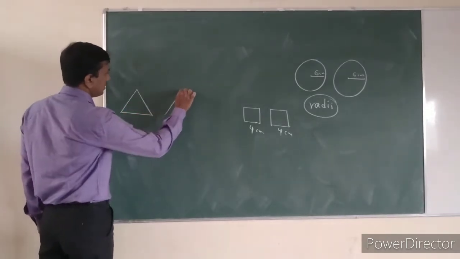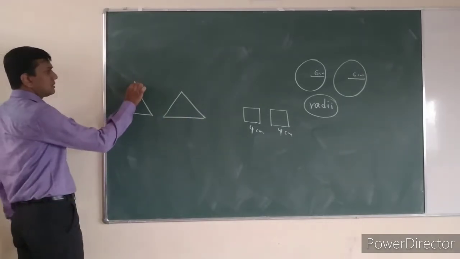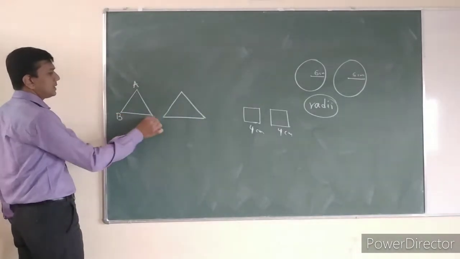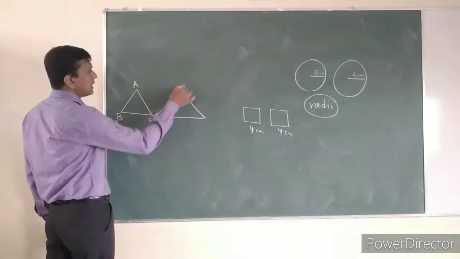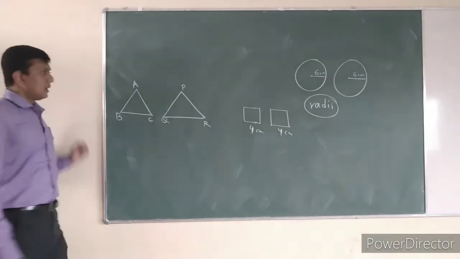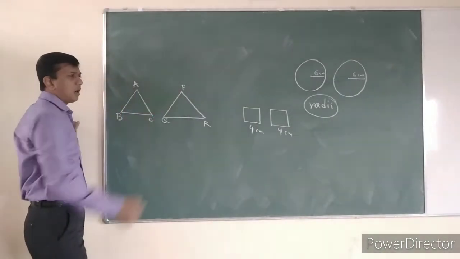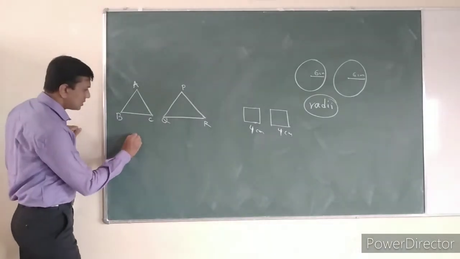Next, triangles. Suppose this is triangle ABC and triangle PQR. I am saying that triangle ABC is congruent to triangle PQR.